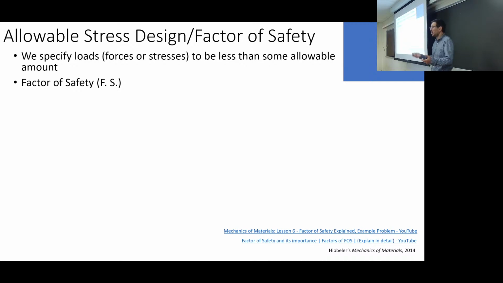To be honest, this may not be something I do on a daily basis, where I say, hey, I'm going to buy a shelf, and I want to make sure the shelf doesn't break, so I'm going to either design it or buy it, and then make sure that the amount of weight I'm going to put on that shelf is less than whatever the manufacturer specifies. Hopefully, you're not doing a safety factor calculation if you're buying it off the shelf, as intended, because they've already done that calculation for you.